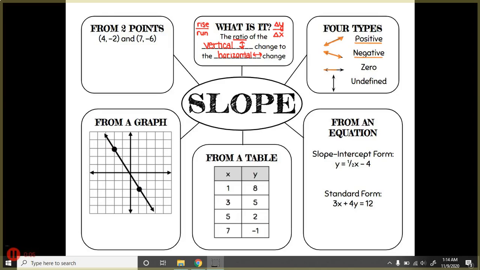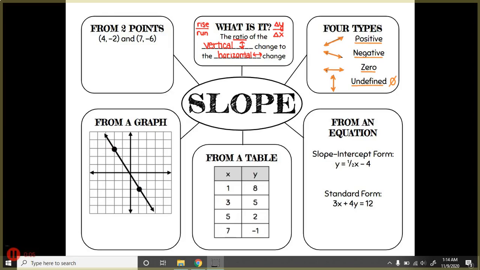If it is a flat line, a horizontal line, your slope will be 0. And if it is a vertical line, our slope is undefined, keeping in mind that undefined is also represented with a 0 with a slash through it. So there's actually no slope for a vertical line.